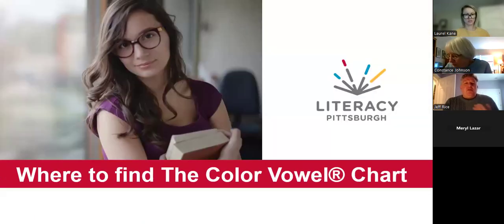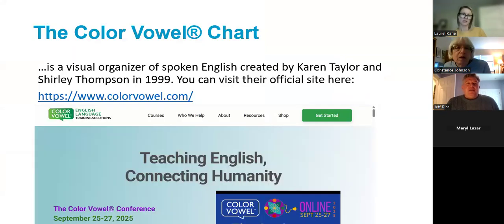So first, where to find the Color Vowel Chart. The Color Vowel Chart is a visual organizer of spoken English that was created by Karen Taylor and Shirley Thompson in 1999. You can visit their official site here, colorvowel.com. They had a conference in late September, so I attended some of those sessions, and some of what I'm going to be sharing with you, I learned from their conference.